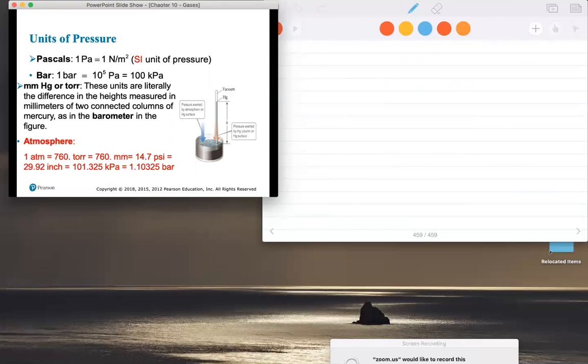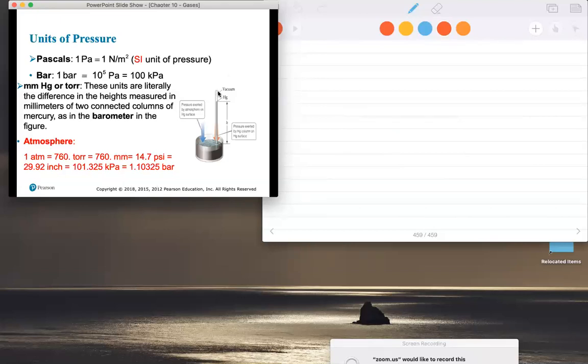The diagram you see here illustrates how the first scientist, Evangelista Torricelli, around the 16th century, took a long glass tube with a closed end, completely filled with liquid mercury, and inverted it in a container with liquid mercury.